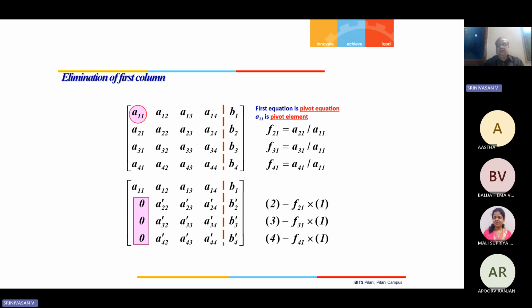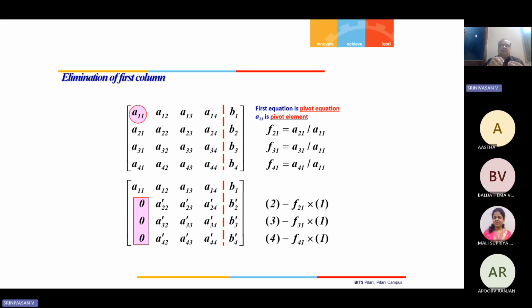So the first equation is pivot equation. Actually, I would suggest this should be called a pivot column, because column-wise we are bringing in the pivots, the elements upon which we are fixing, so that you are reducing into echelon form.